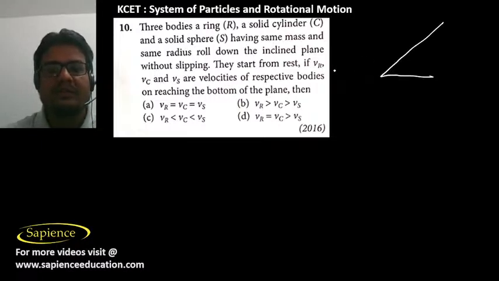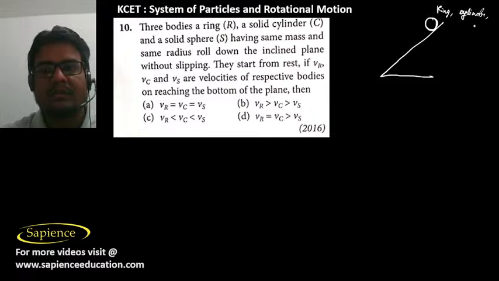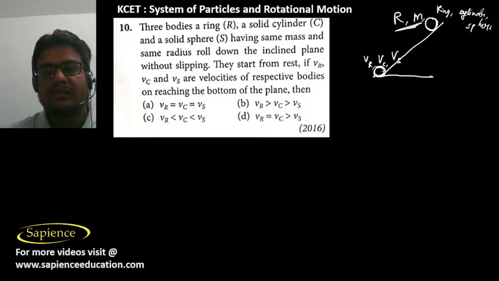If VR, VC and VS are the velocities of the respective bodies on reaching the bottom of the plane, then what is the order of VR, VC and VS, that we have to find. So the radius and masses are the same.